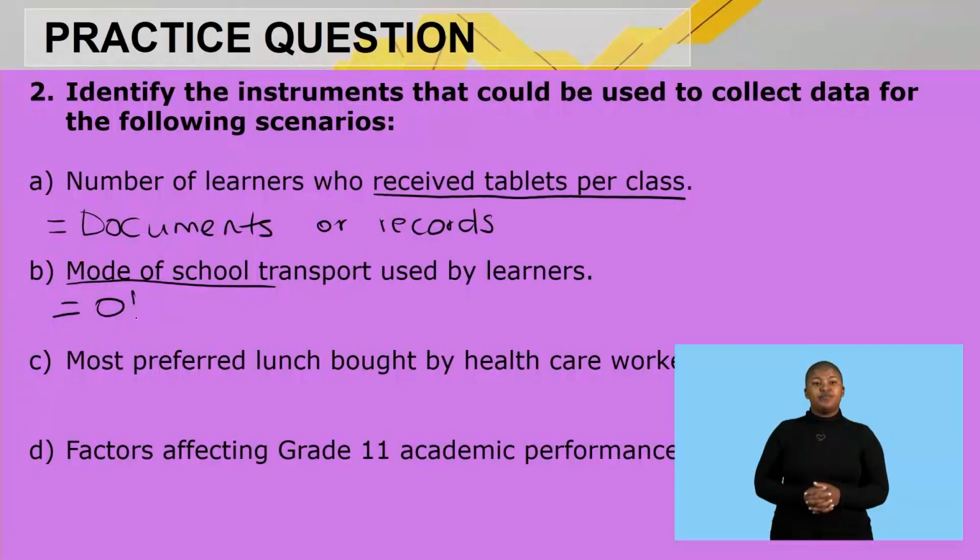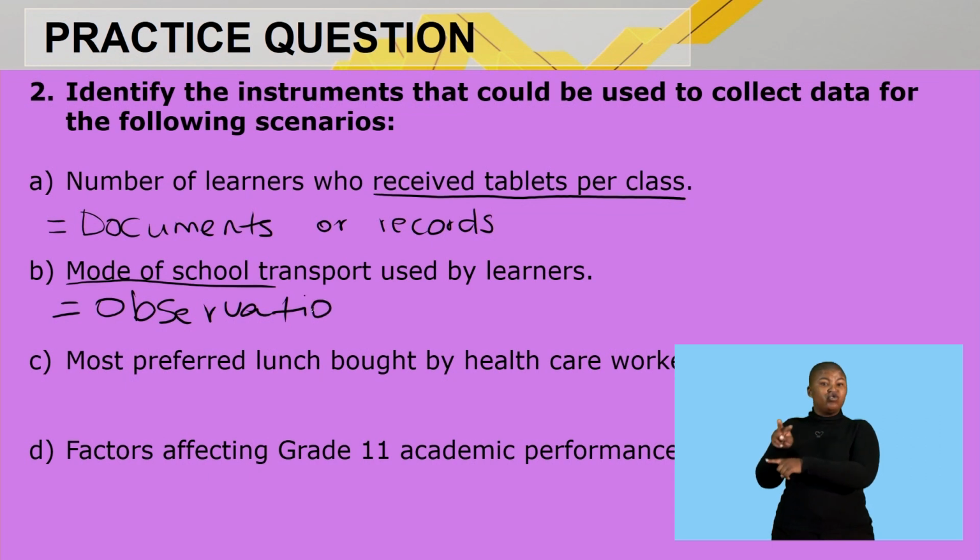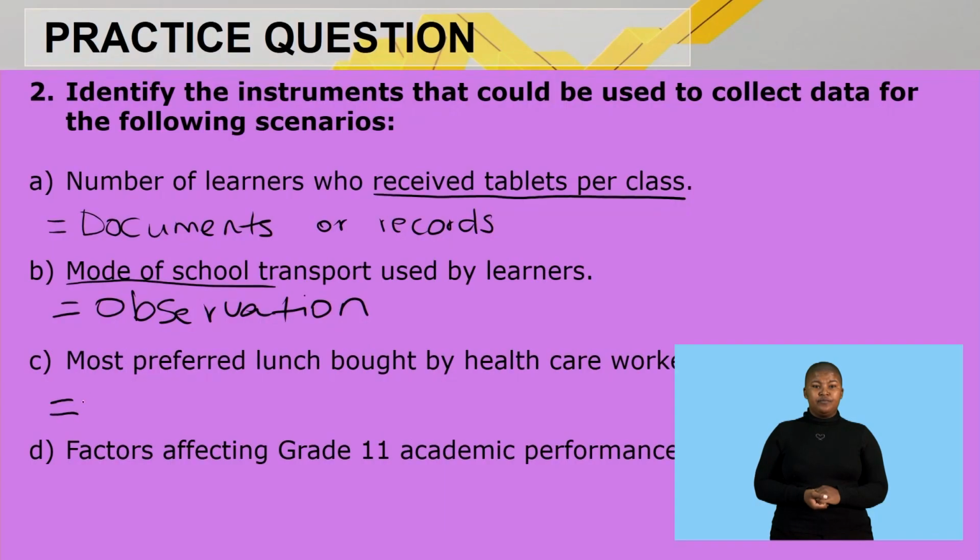So it can be through observation. Remember, we have said the instrument should be relevant to the given context. It could be observation, it could be a survey, it could be records, as long as it is relevant to the given context. Then number C, the most preferred lunch bought by the health workers at the cafeteria.